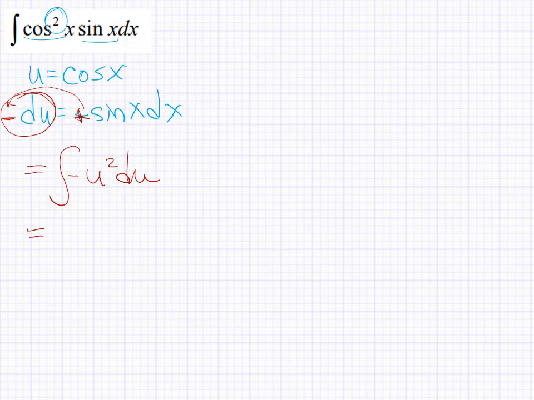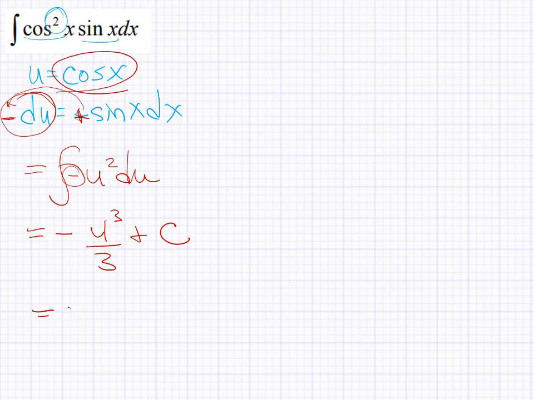Well, it's just a power rule with the negative being basically a constant multiple, so we have negative. The power rule would be u cubed over 3 plus c. Replace your u, which was cosine, in, so you get cosine x cubed over 3 plus c.